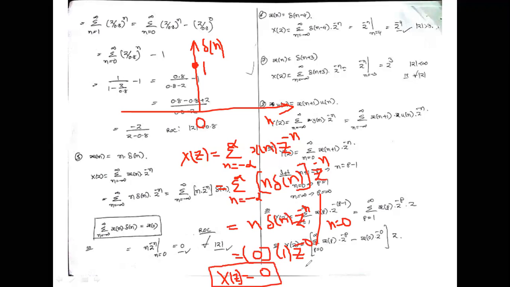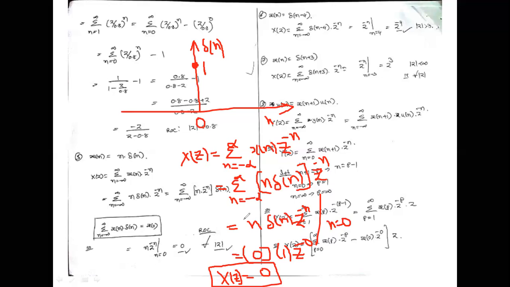What is ROC? The entire z-plane. For any value of z, X of z is 0. No change in the function X of z for any value of z. So the ROC is the entire z-plane. So X of z is equal to 0 for n delta of n.